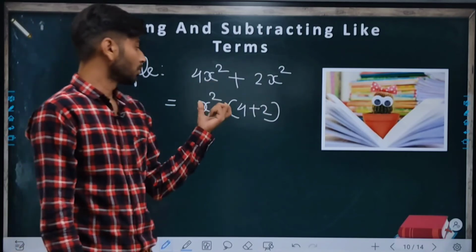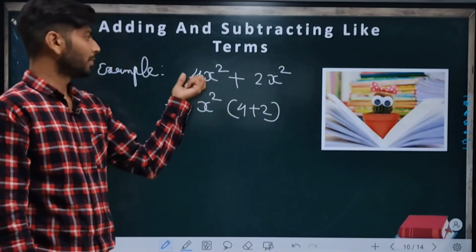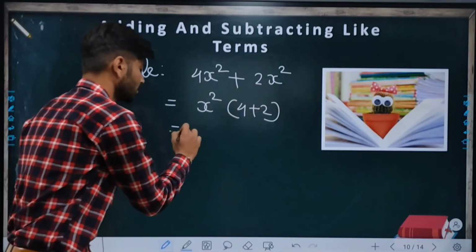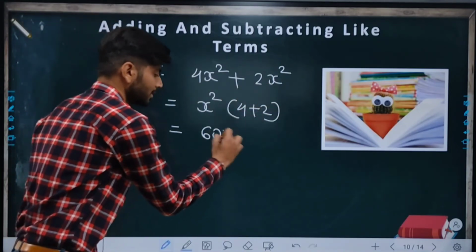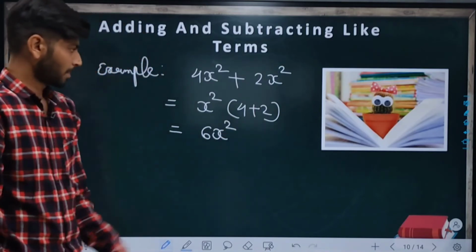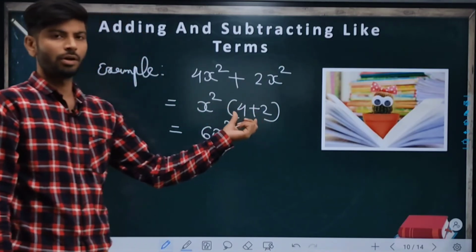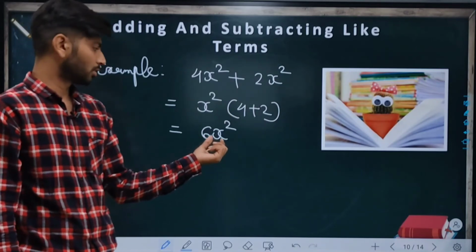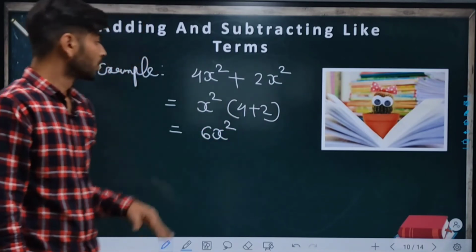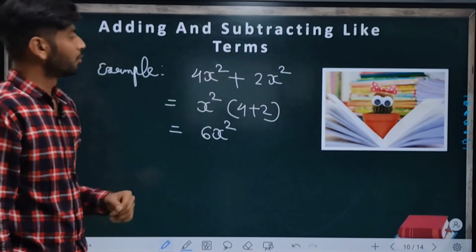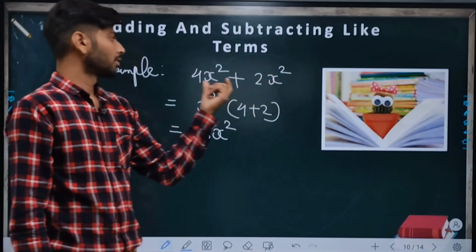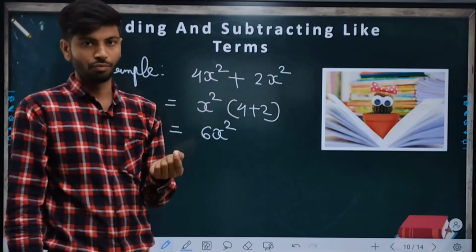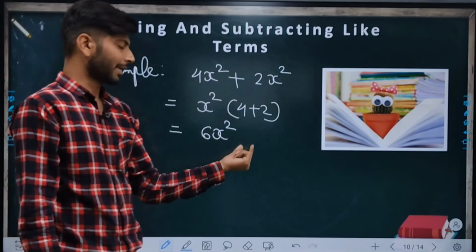So what will you get? Simply it is 6x square. The numerical value we will always write before the algebraic factor.